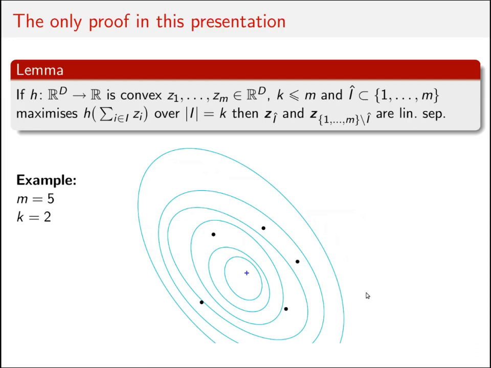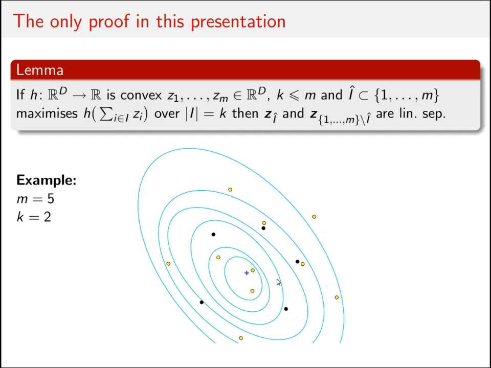So the graphical proof goes as follows. In yellow are every possible sum of two black points. For example, this yellow point is the sum of these two black points. This is a parallelogram here. My goal is to find the yellow point which maximizes this convex function.